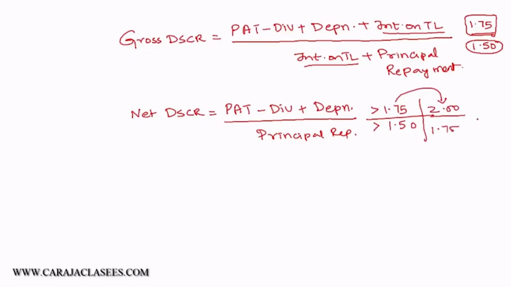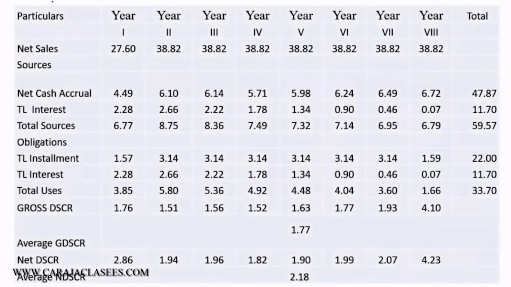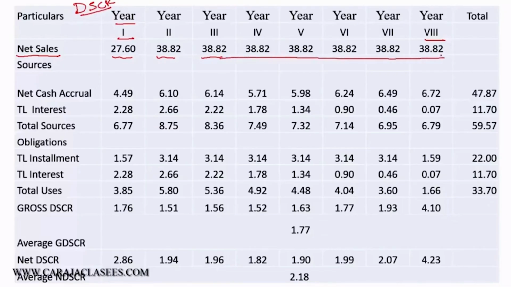Some banks will prescribe a level like net DSCR should be at least 2 times or 1.75 times, as the case may be. Now let's take a real DSCR computation of an original company. Look here, you are given the DSCR computation. It is DSCR computation for how many years? Year 1 to 8. And only for information purpose, not for calculation purpose, net sales are given as 27.6 crore and expected to increase to 38.2 crore, sorry 38.82 crore, and after that it is frozen.